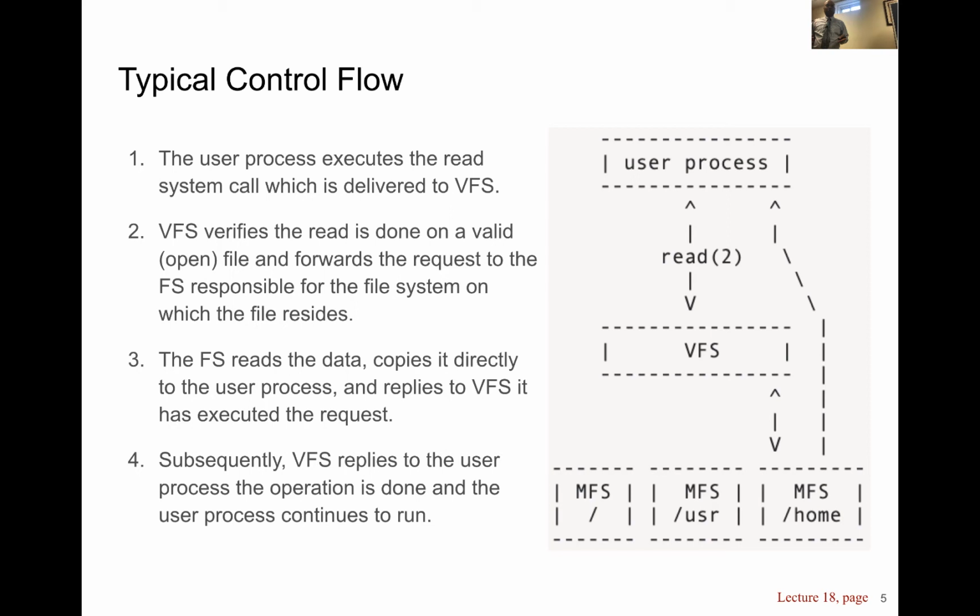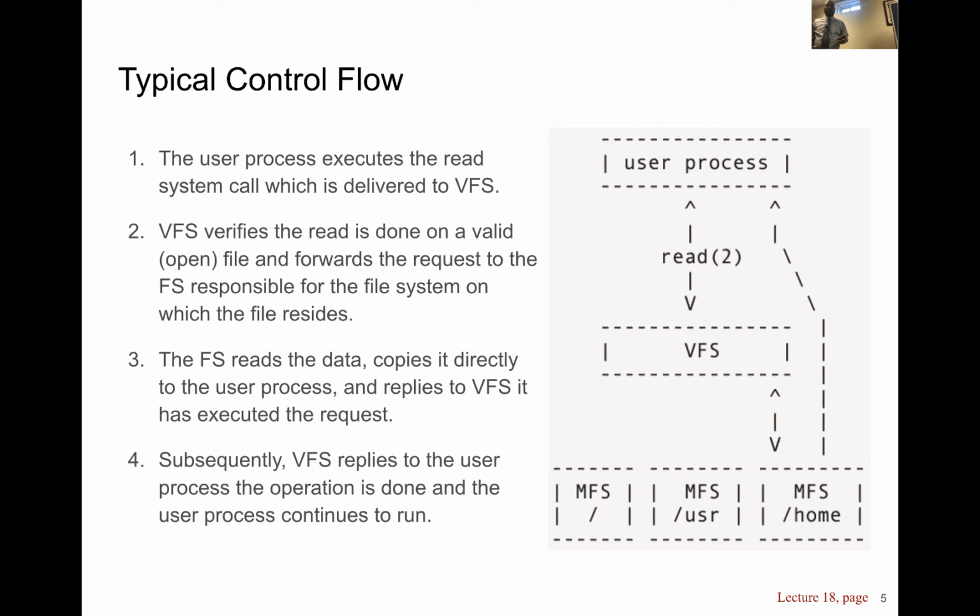In this picture, you will see that there are 3 different partitions that are mounted. There's a root partition /, there's a /user partition and a /home partition, and each of these could be separate processes sitting within the system, and depending on which partition the read is reading the file from, you will forward it to the right process as well.